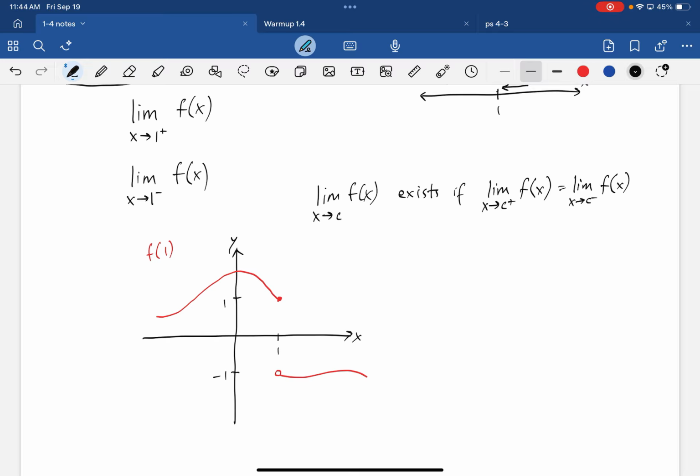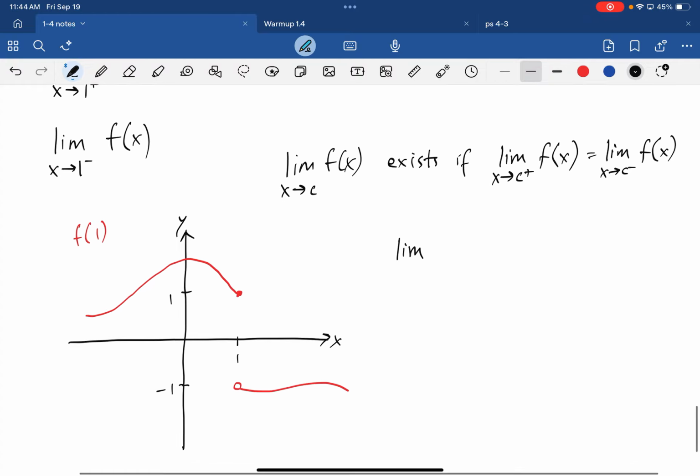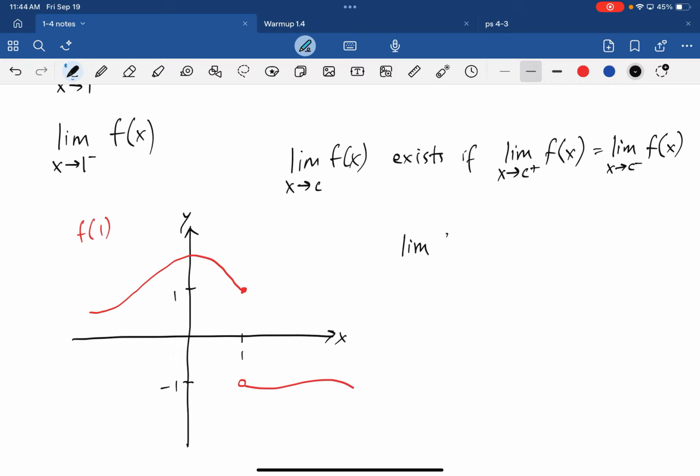So this kind of discontinuity we would call a jump discontinuity, most likely non-removable. Okay, so based on this diagram, we would say that the limit of f of x as x approaches 1 from the right side is negative 1, okay?